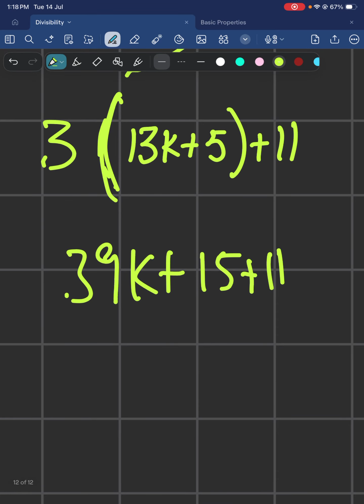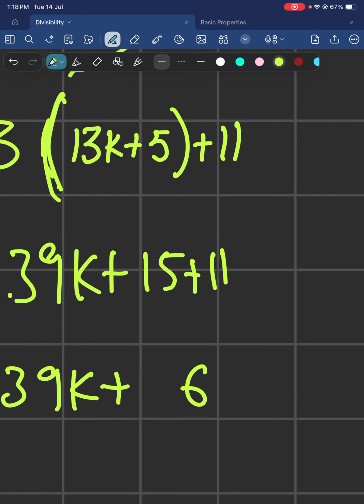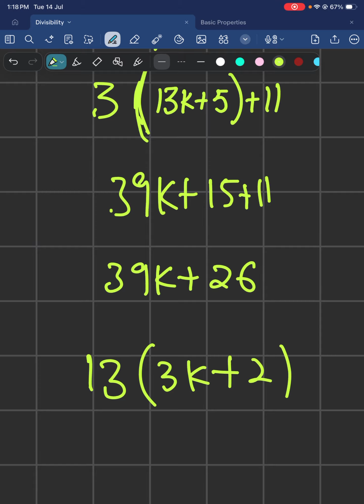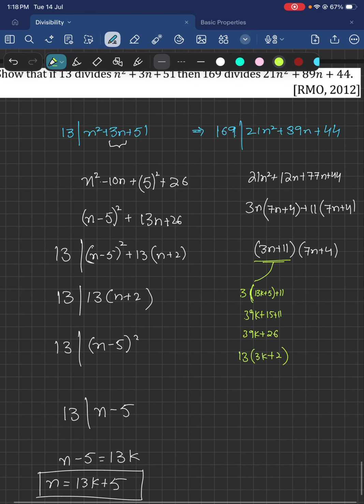Okay, so you get here 39k plus 26. Just look at it. Can you spot the multiple of 13? So yeah, we can do 3k plus 2, right? So we have got a multiple of 13 here.